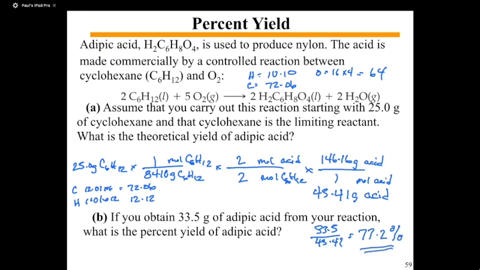My percent yield would be 77.2% based upon starting with 25 grams of cyclohexane and only producing 33.5 grams of the acid when I should have produced 43.41. Oh, the joy of this problem.